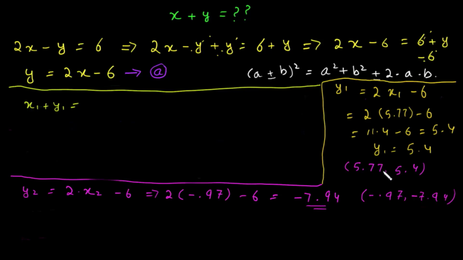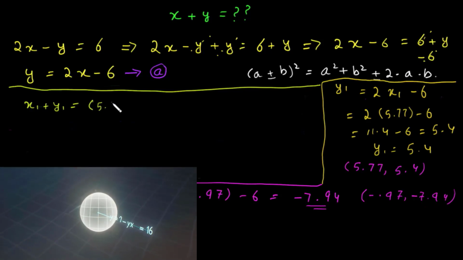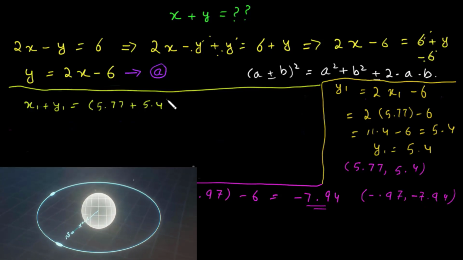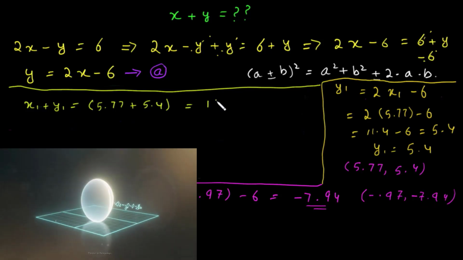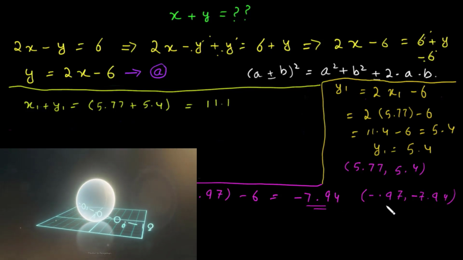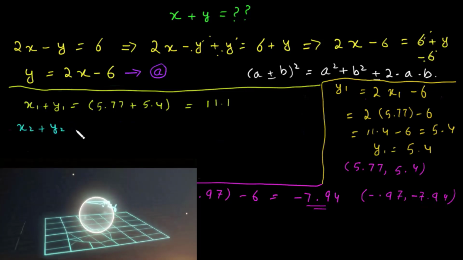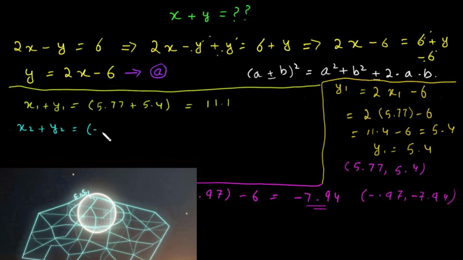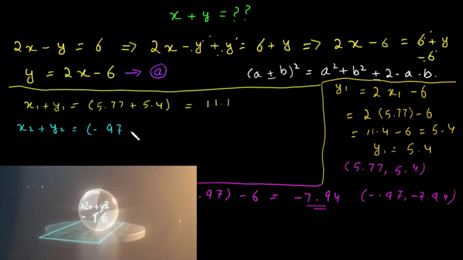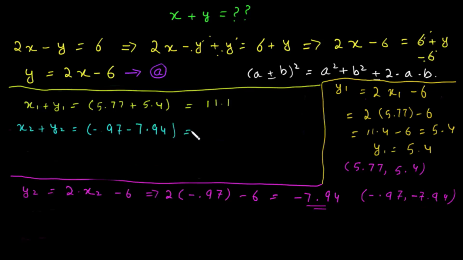Adding these two, 5.77 plus 5.4 will return us 11.1. And the sum of the second pair, x sub 2 plus y sub 2, will be equal to minus 0.97 plus minus 7.94, and this will return us minus 8.91. So two beautiful results, one and second.